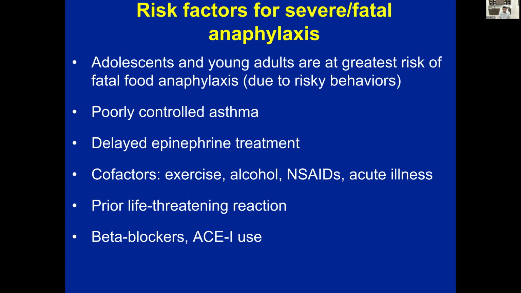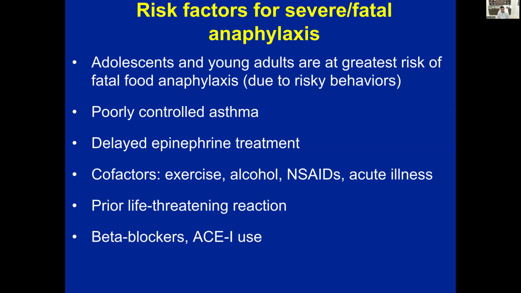So the concept of oral immunotherapy in a nutshell is you have patients who, in spite of good efforts at avoiding the food, find it difficult, and they've had multiple accidental ingestions resulting in anaphylaxis. As you can imagine, this causes a lot of anxiety for the child and the parent.